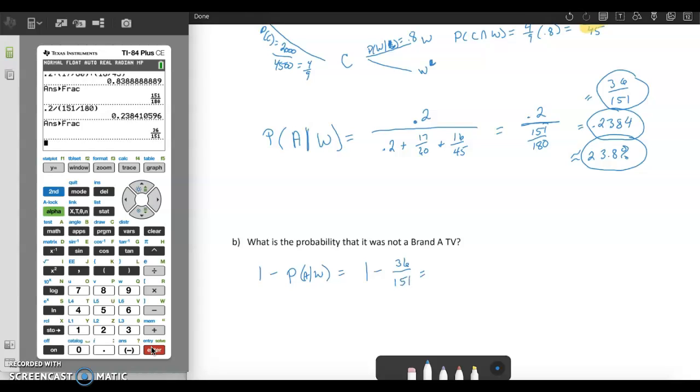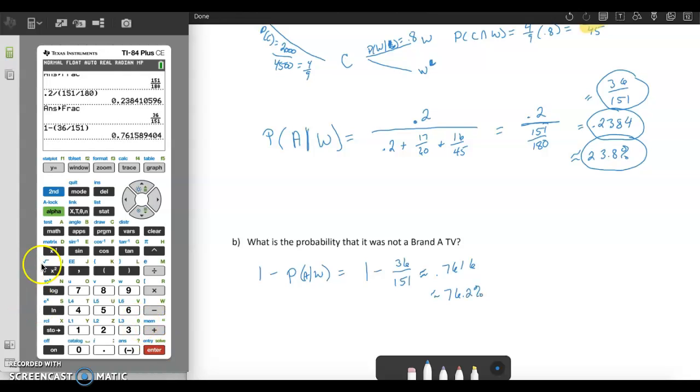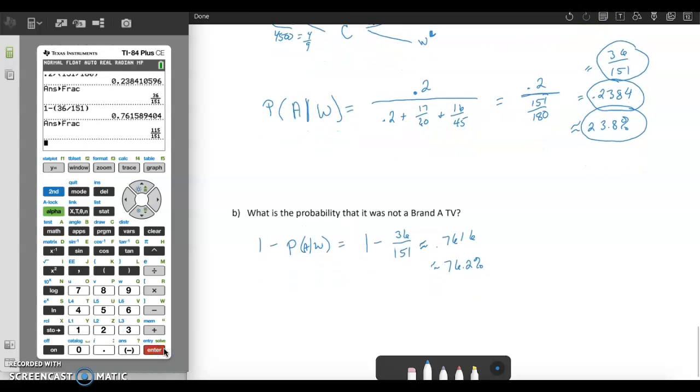So 1 minus 36 over 151. That's approximately 0.7616, or about 76.2%, or as a fraction, we could say 115 out of 151.